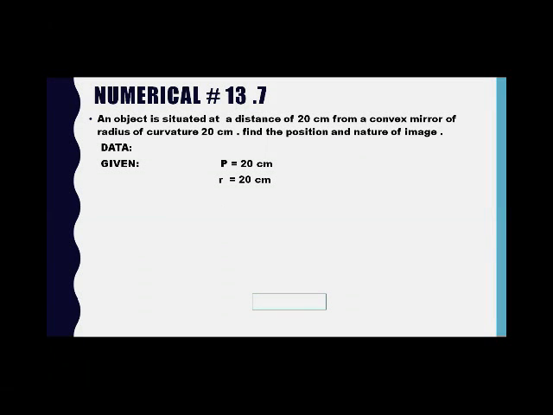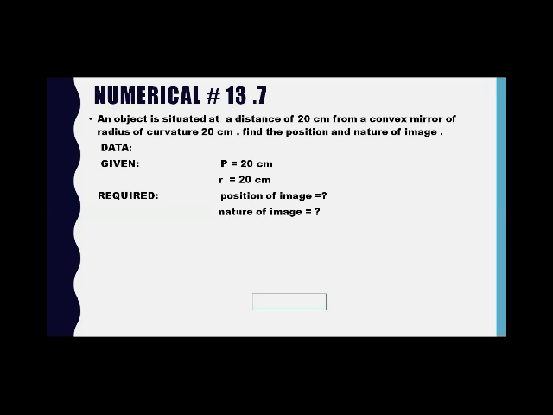Here r is equal to 20 centimeter. After that, what is required? First required is position of image, and the second is nature of image.